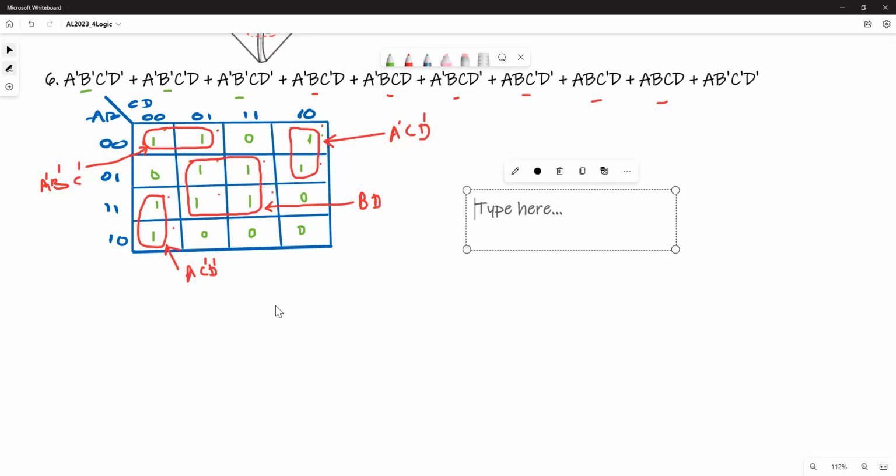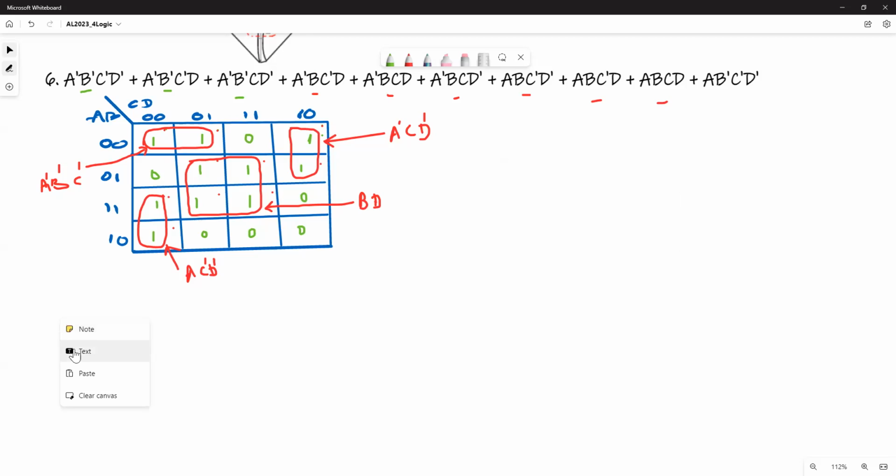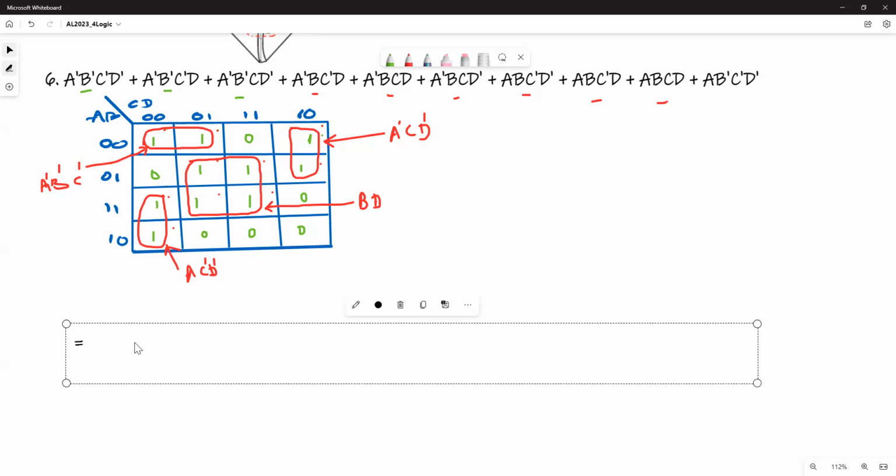So what I'm going to do is take the terms based on the areas I have identified in the column. So the first one we have identified is A bar, B bar.